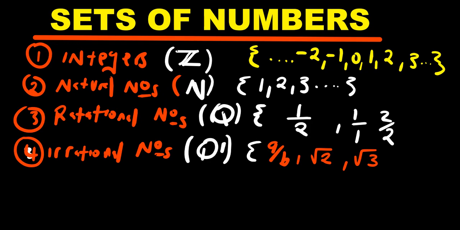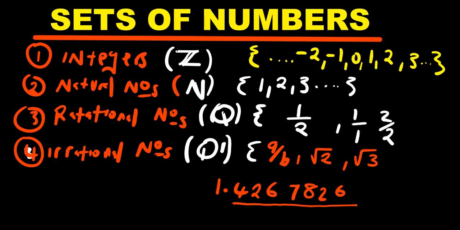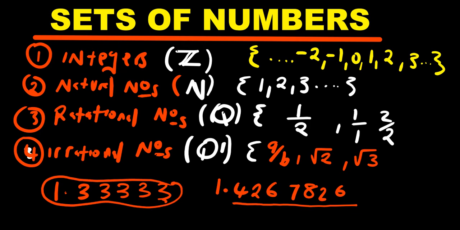What do we mean here? If I find the square root of 2, it's going to give me a non-repeating decimal. Maybe it gives me 1.42678, and so on, and these numbers will not be repeating. But if a number gives me 1.3 and the 3 continues like that, it's not going to give me such an answer for an irrational number.